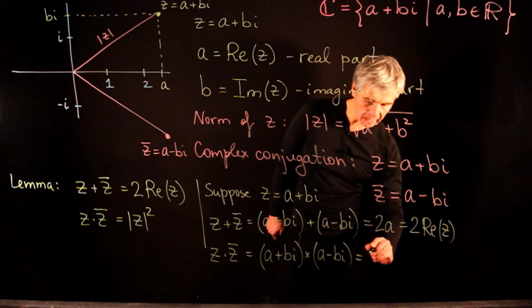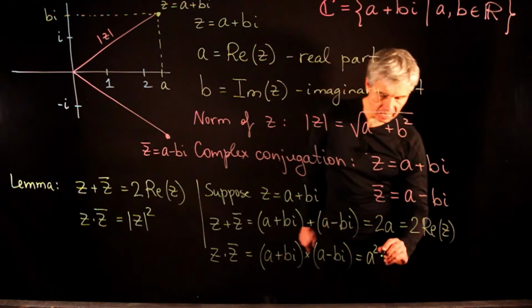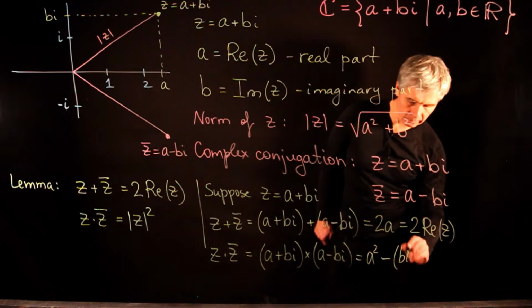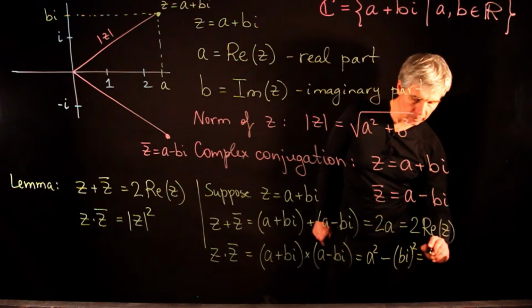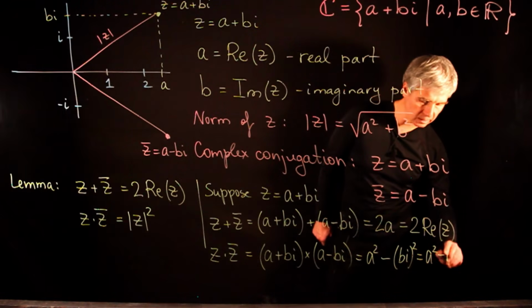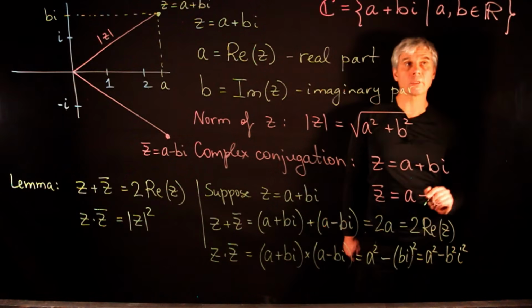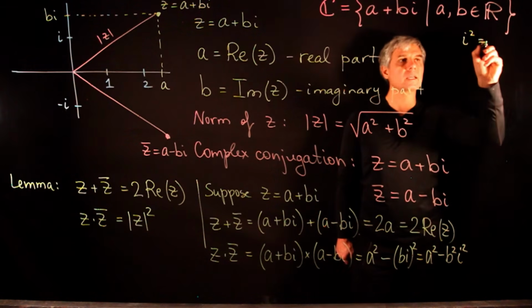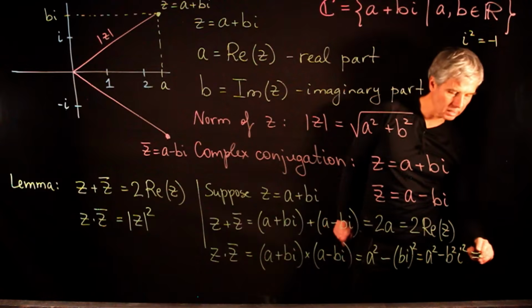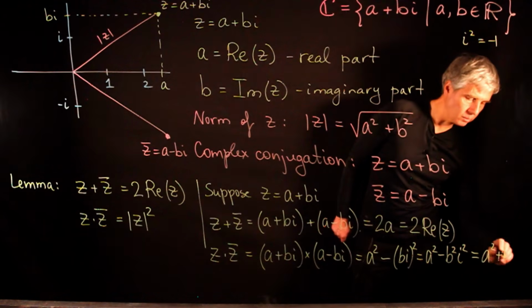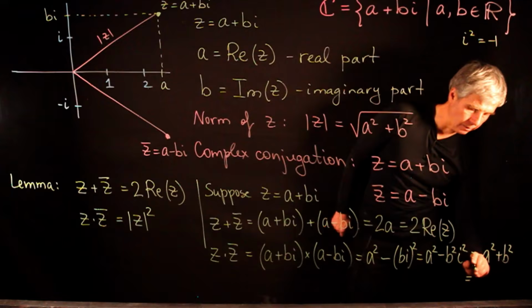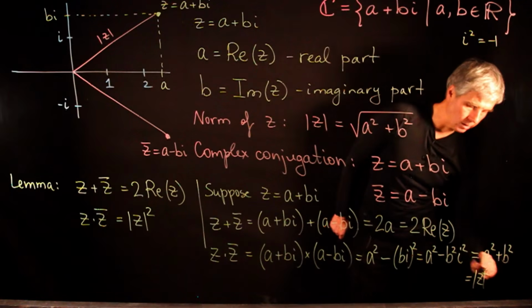And so this will be a squared minus (bi) squared. And here we have a squared minus b squared times i squared. But i squared is equal to -1. And so this gives us a squared plus b squared. But that is the norm of z squared.